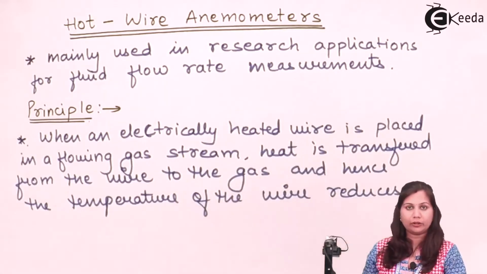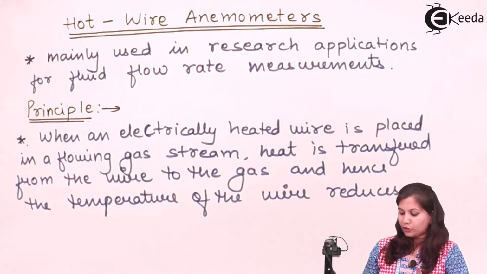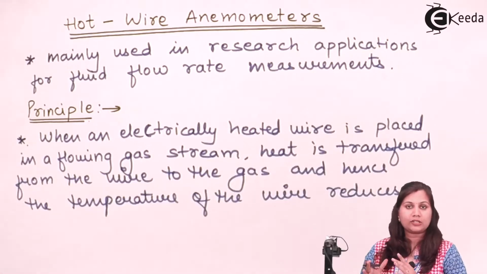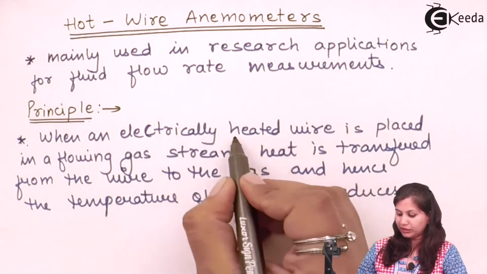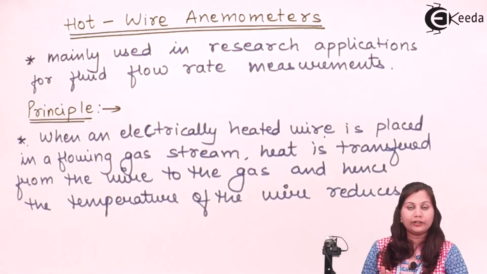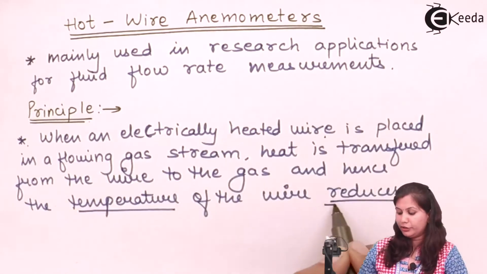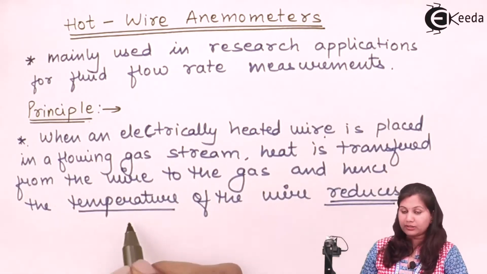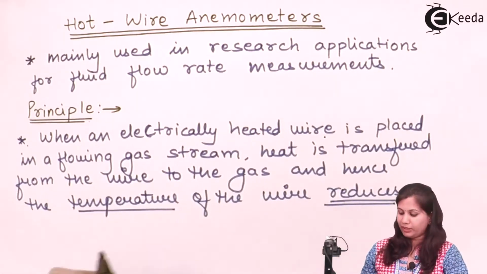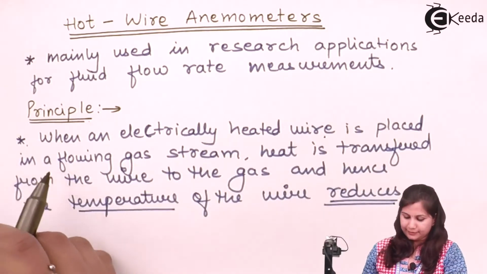If it is a liquid, then the heat is transferred to that liquid. In both cases, heat is transferred from the electrically heated wire to the fluid or the gas, and due to this heat transfer, the temperature of the wire reduces. So by measuring this reduction in the temperature, we can measure the flow rate of the liquid or the gas.